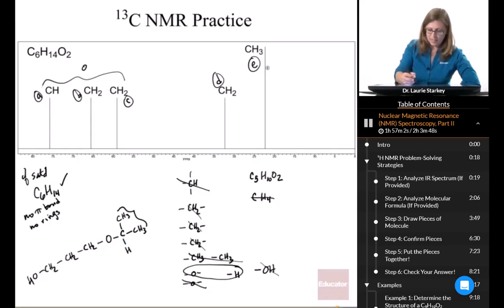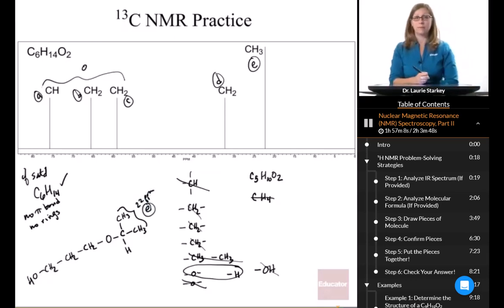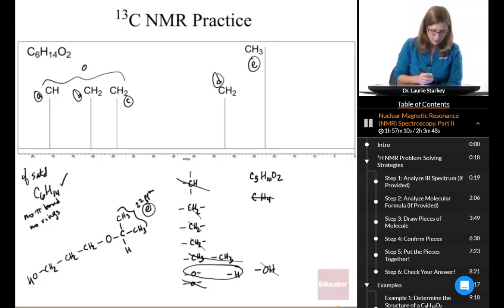And so that makes sense with this. It's coming at 22 ppm. So this is E. Here we have a CH signal that is attached to an oxygen, so that should be a higher number. So that looks like A. And this is at 76 ppm.